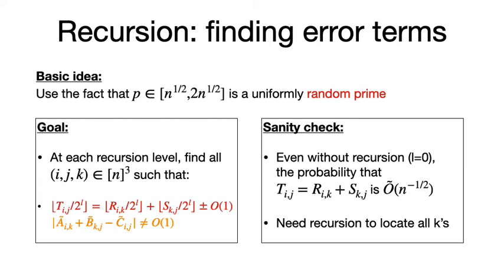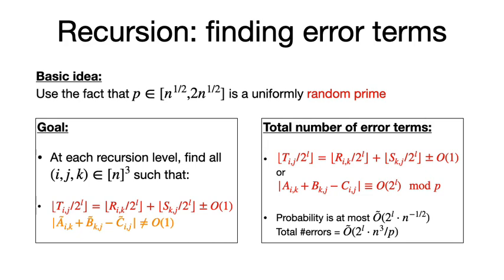So the total number of triples is already bounded by n to the 2.5. Well, this does not directly give an n to the 2.5 runtime because locating all the k indices still requires non-trivial recursions.